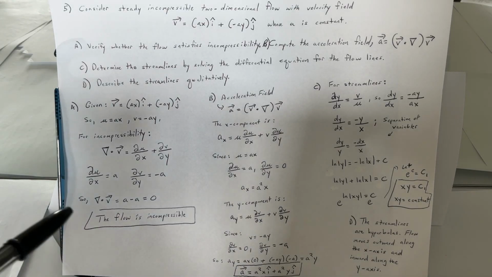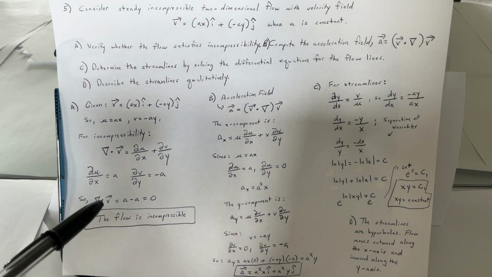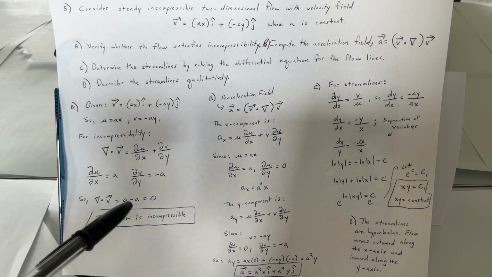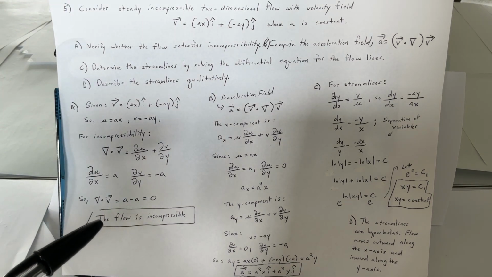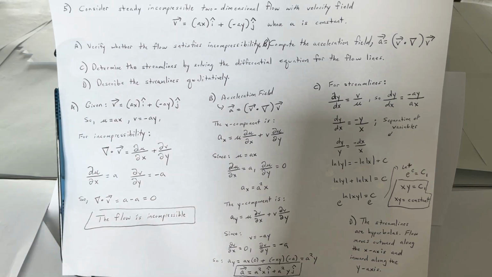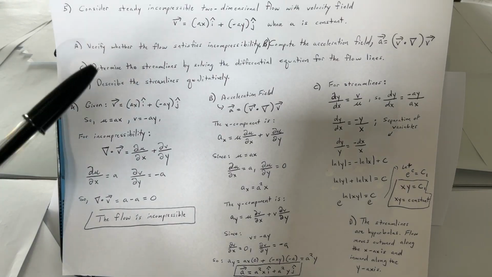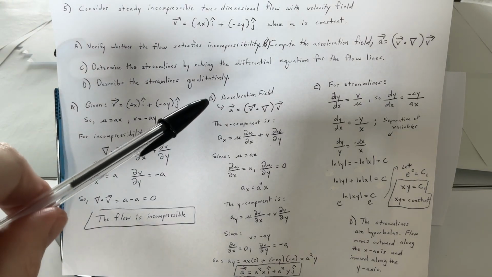So when we dot the del operator with the vector, we just wind up with a minus a. That results in 0, so we could say the flow is incompressible, okay? So the density should remain constant throughout.